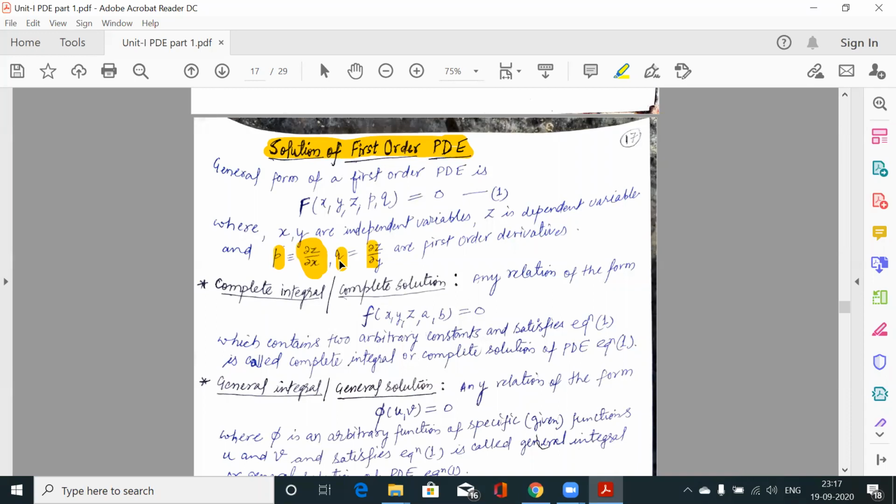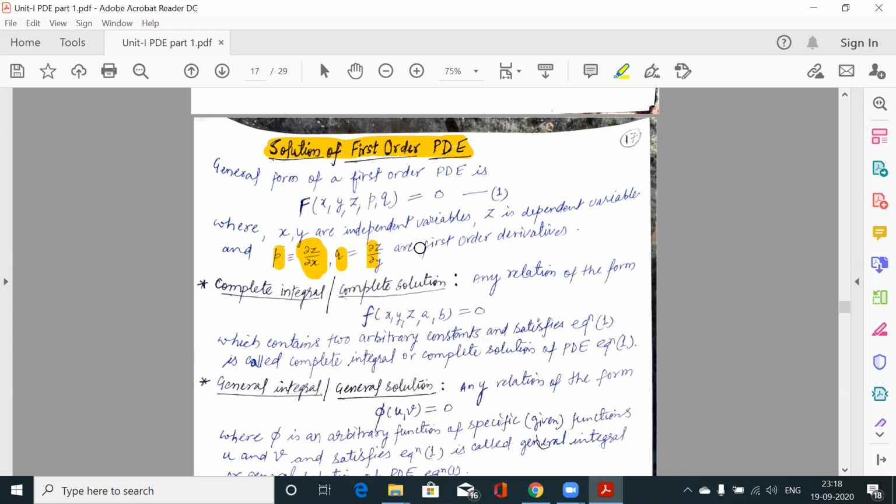In this methodology, we have the first order PDE. So whatever equation is given to us to solve, it will include only the first order derivatives, del z over del x and del z over del y, and we know these are the only two first order derivatives.